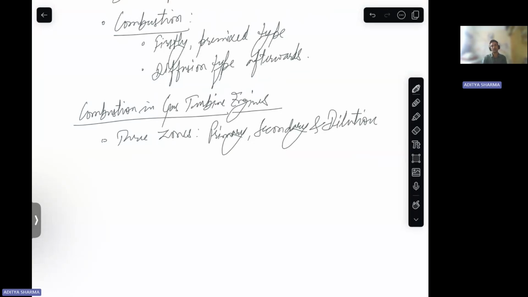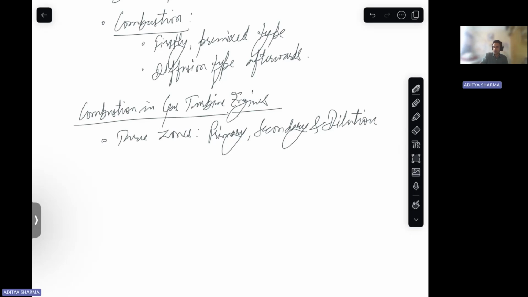One important thing in these gas turbines is that when the combustion products exit, they are at very high temperature. Somehow these combustion products will have to enter the turbine to run it, but they are at very high temperature, so this temperature has to be regulated.